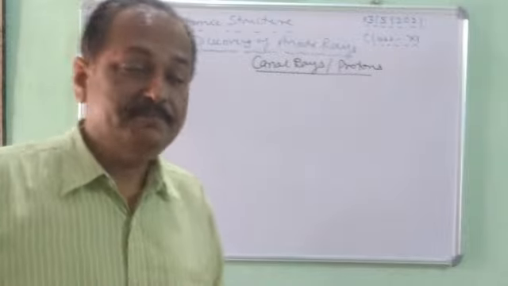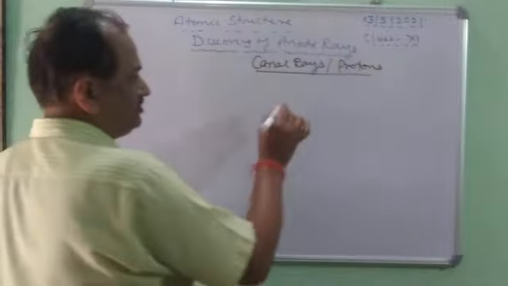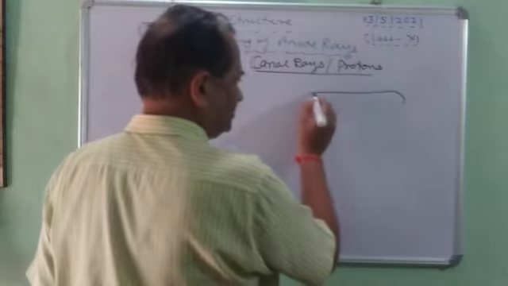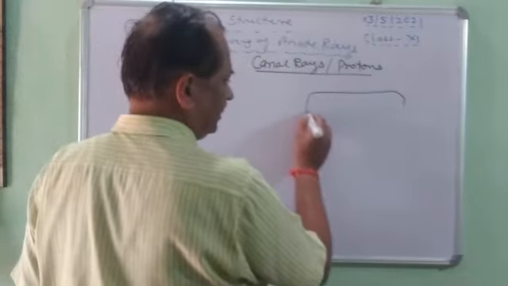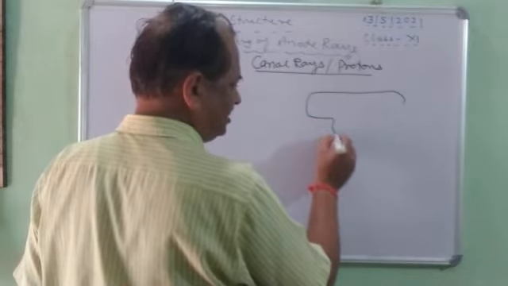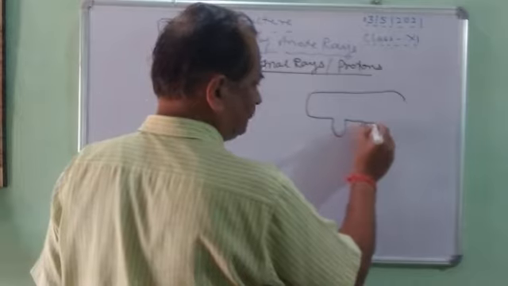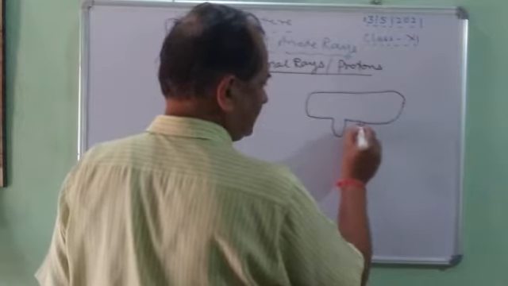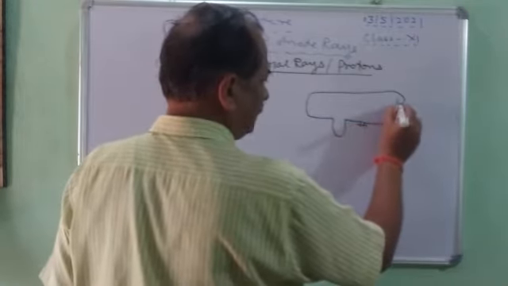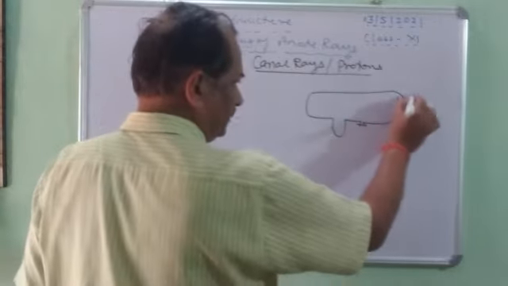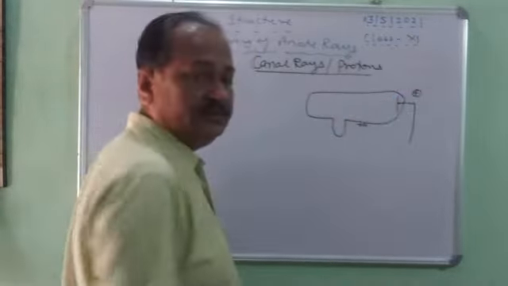Here is the discharge tube, with similar construction. There is a slight change here, and again there is a place for the vacuum, and at this place there is the anode.